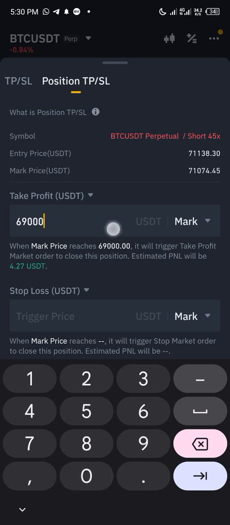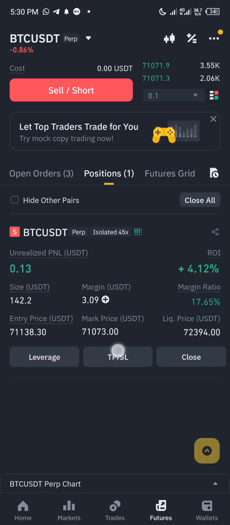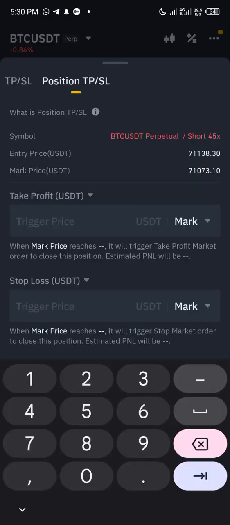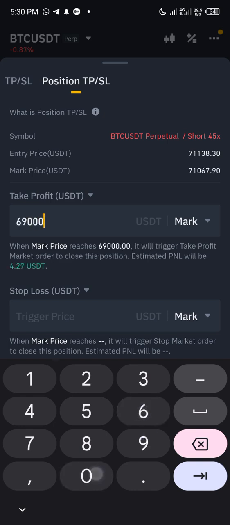So if I exit the trade and take my profits, I'm going to be making 4.27 USDT. That is my take profit option. Sorry guys. I selected 69,000 USDT.